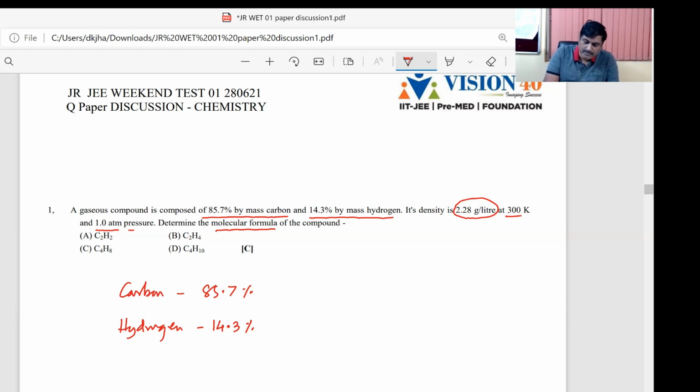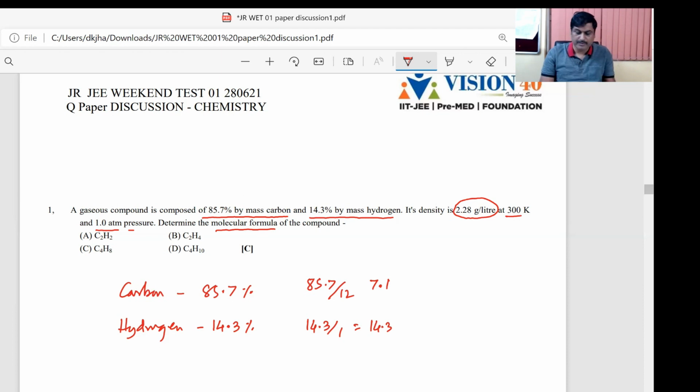Basically, we can do this: 85.7 divided by 12, and 14.3% divided by 1. So 14.3 only, and this will be 85.7 by 12, approximately 7.14.